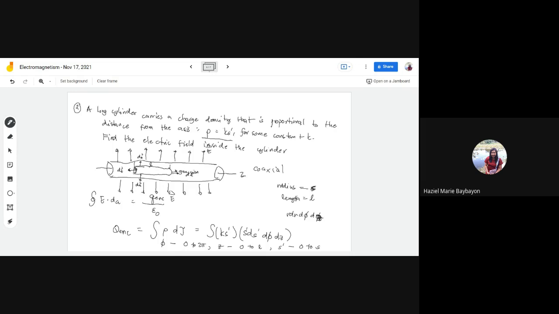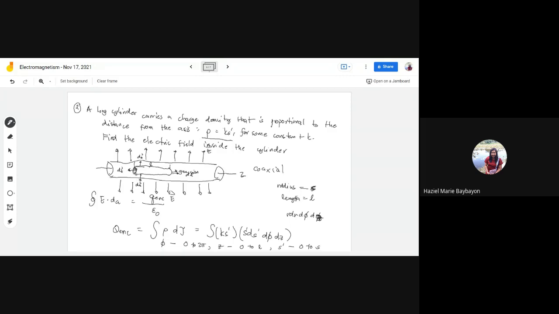Therefore, the two bases of your cylinder have no contribution to the total electric flux; the flux through the bases is zero, since the area vector is perpendicular to the electric field.